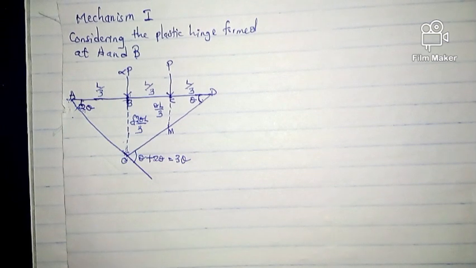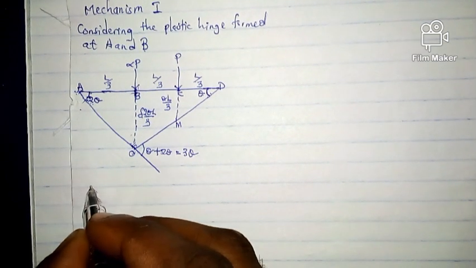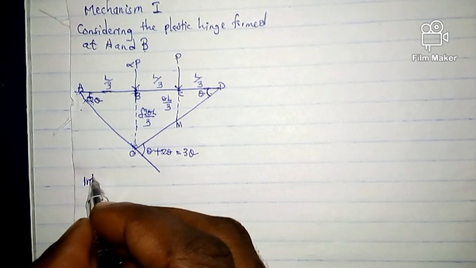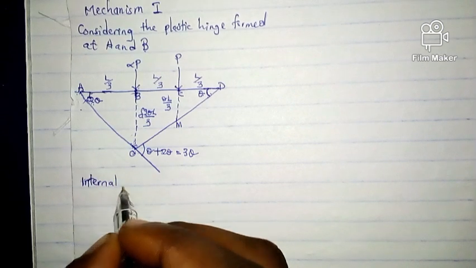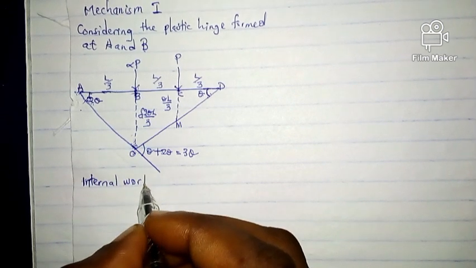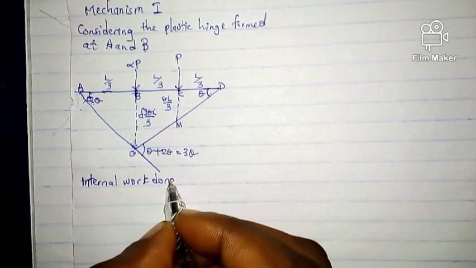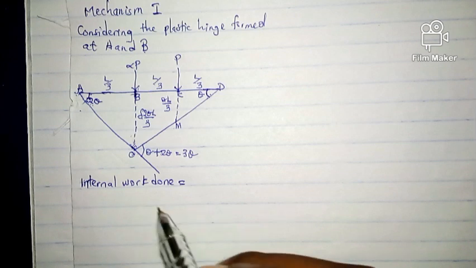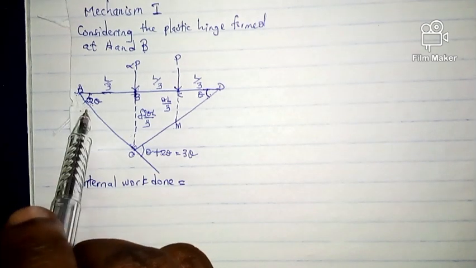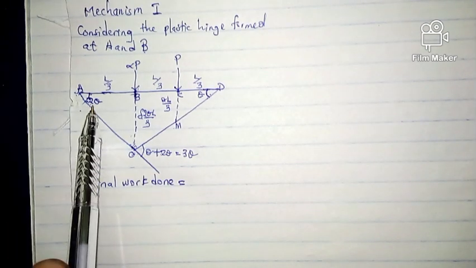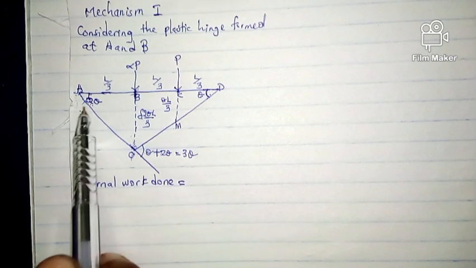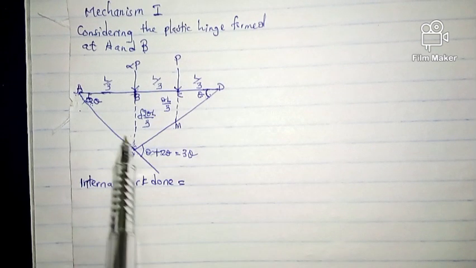Now, the next thing to do, you look for your internal work done. The internal work done here is that you add all the angles here.